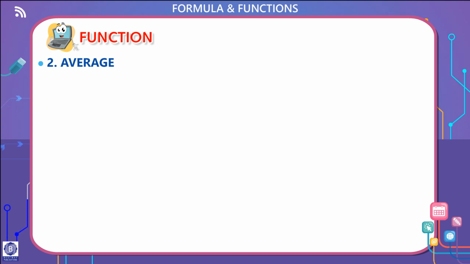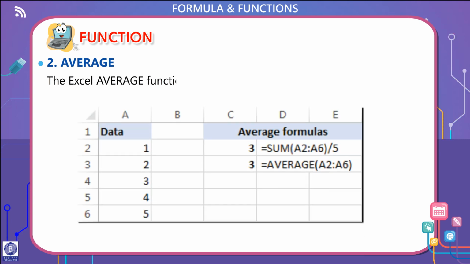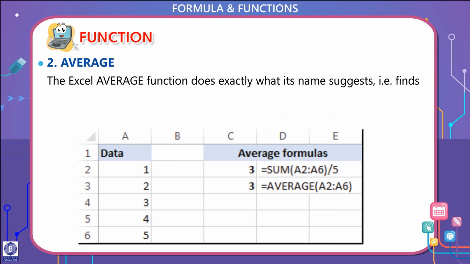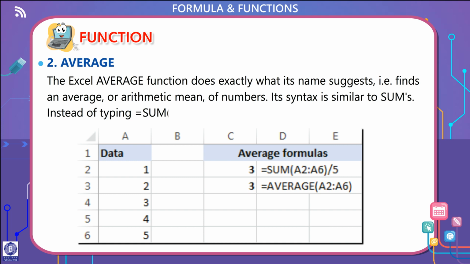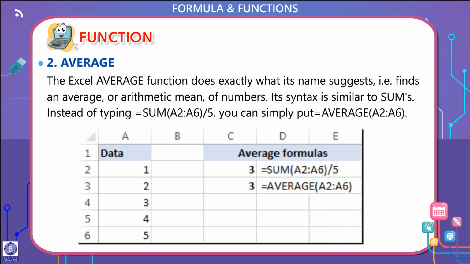Second is AVERAGE. The Excel AVERAGE function does exactly what its name suggests. That is, it finds an average or arithmetic mean of numbers. Its syntax is similar to SUM. Instead of typing =SUM(A2:A6)/5, you can simply put =AVERAGE(A2:A6).